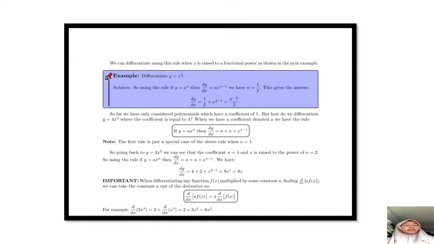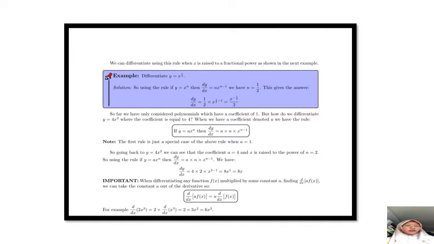The important point here is that when we differentiate any function multiplied by some constant a, we can take the constant a out of the derivative. So d over dx of a times the function equals a times d over dx of the function.